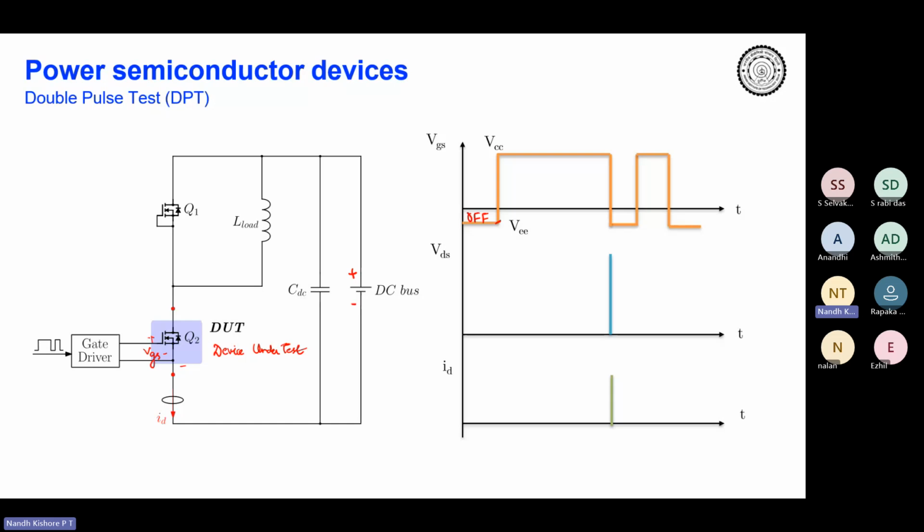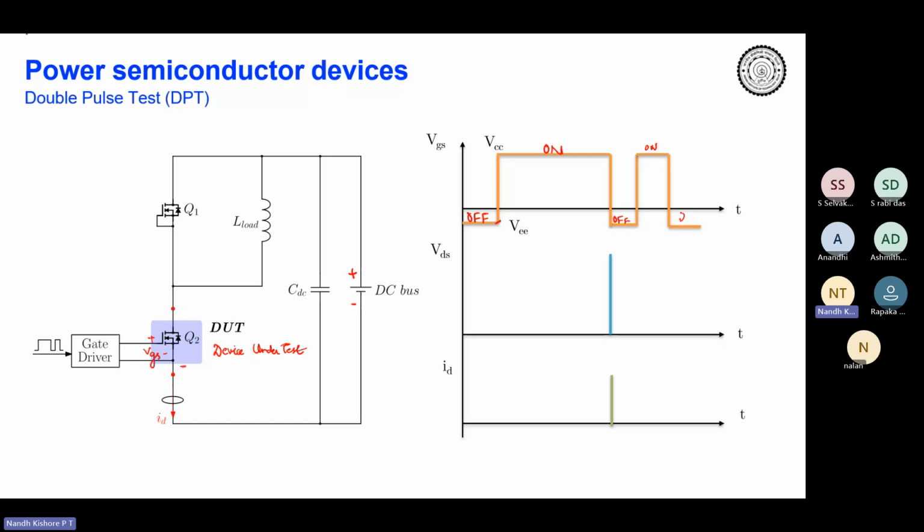So your VGS basically increases from VEE to VCC, that is, you're turning on the device above the threshold voltage. So you made VGS go from VEE to VCC, that is, you turned on the device for some particular duration. And then after some duration, you again turned it off, and then again you turned it on.